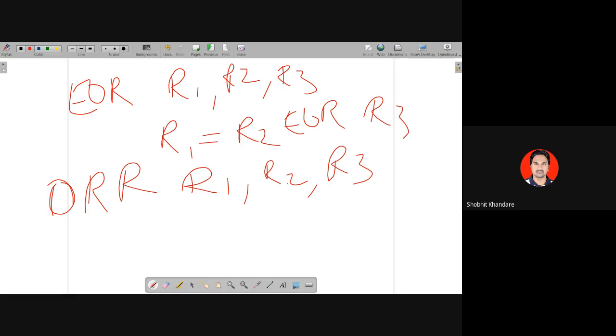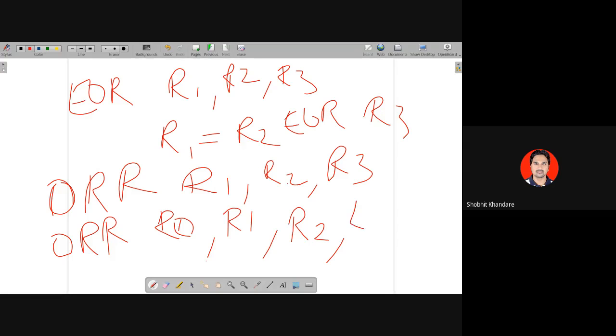Now let me give you some other variation. It can be another example of ORR R0, R1, R2, LSL #3. See, this is the other variant. This is a left shift by 3 bits upon R2.